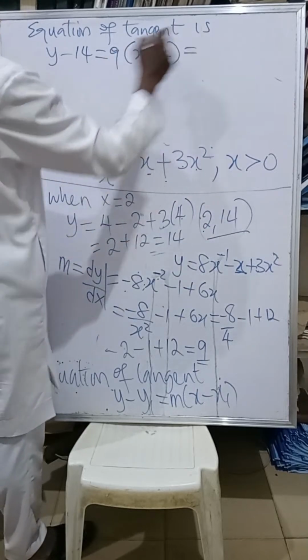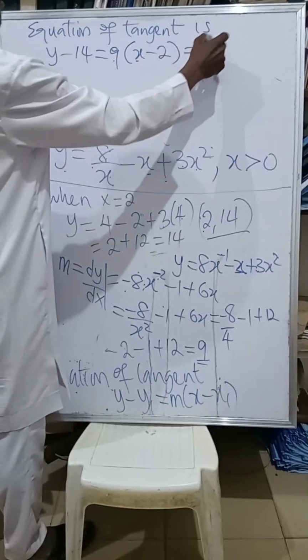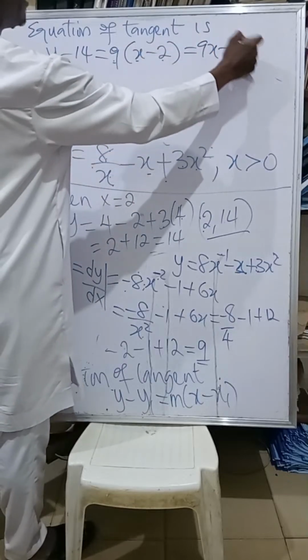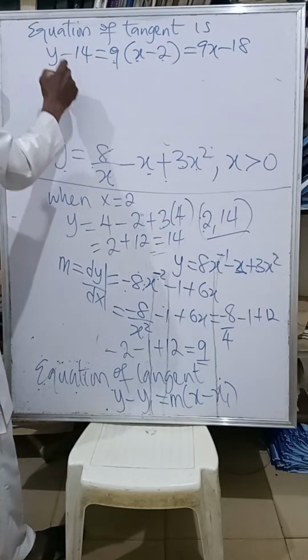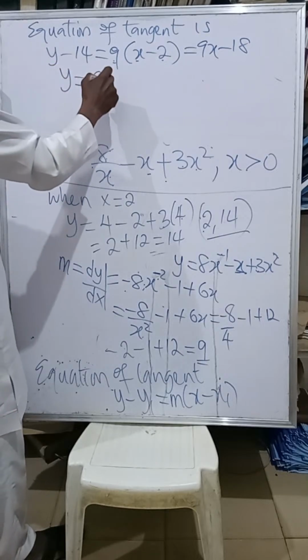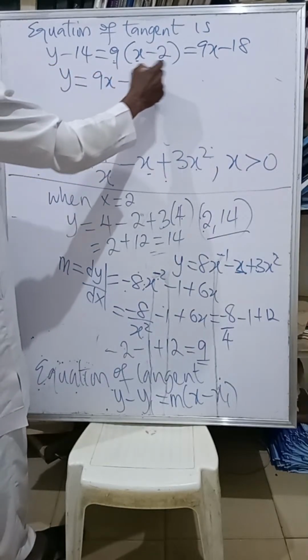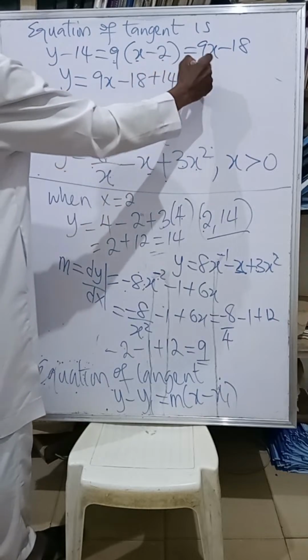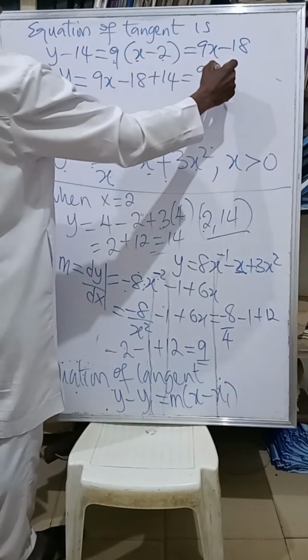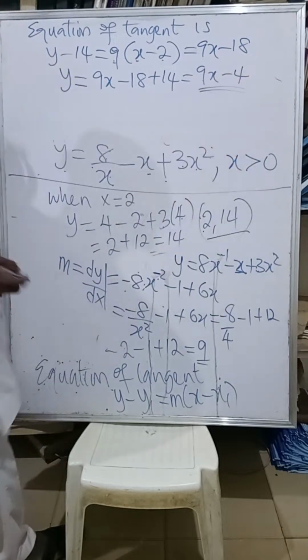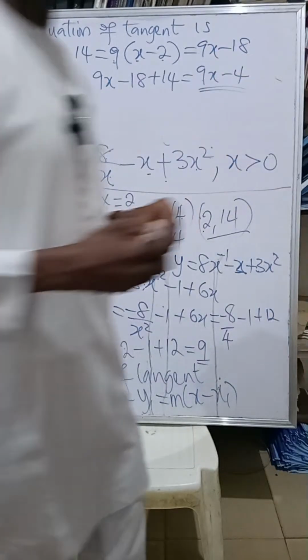You can do the expansion. 9 times x is 9x, 9 times 2 is minus 18. Then you can make y the subject. That will be 9x minus 18 plus 14, and that gives us 9x minus 4. So that's the equation of the tangent.